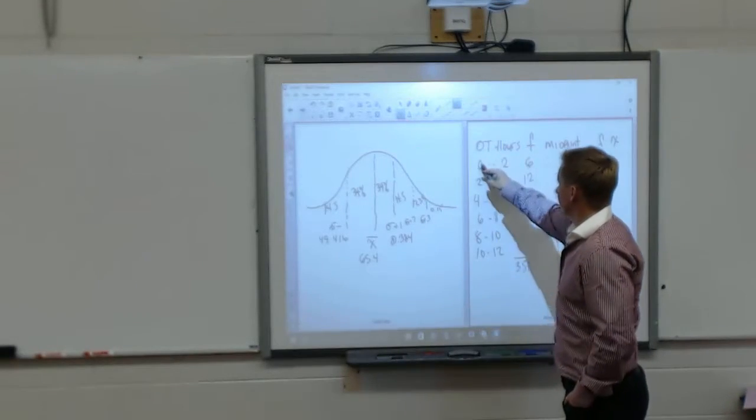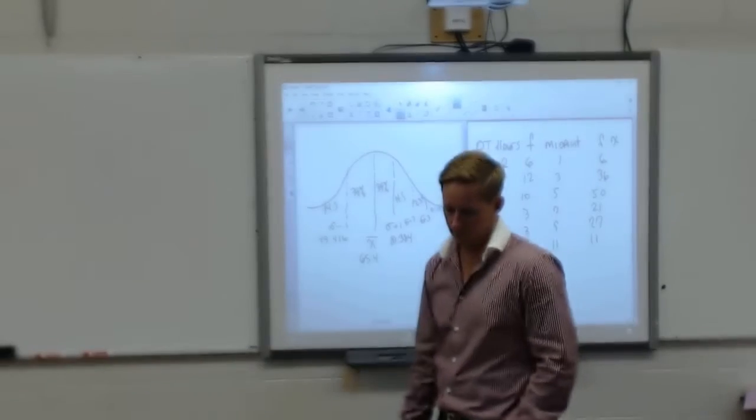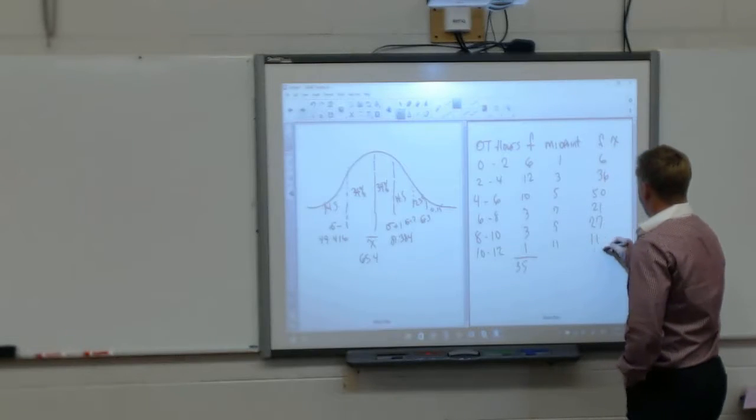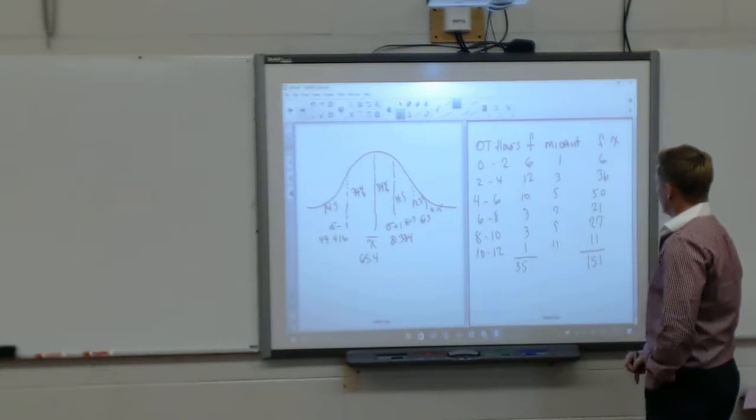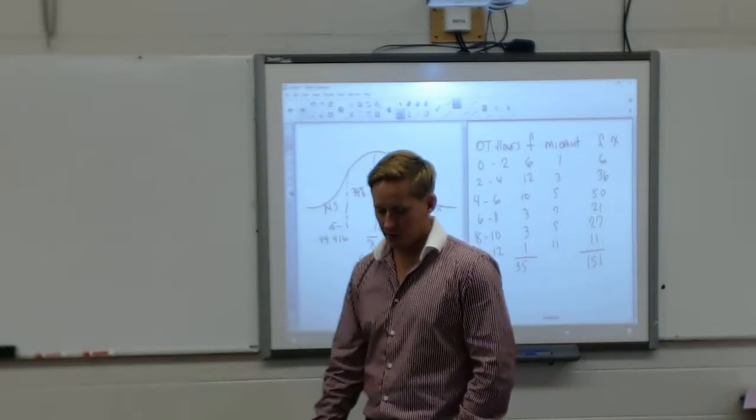Okay? Halfway between this number and this number. Oh, the midpoint of that interval. Okay? So when we add it all up, there's 151 total hours. So how do I get the average then?